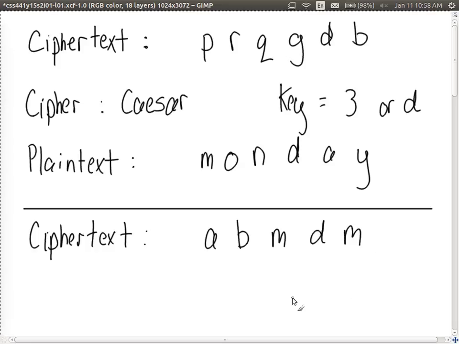It's still using the Caesar cipher, but I'm not going to give you the key in this case. Find the plain text.